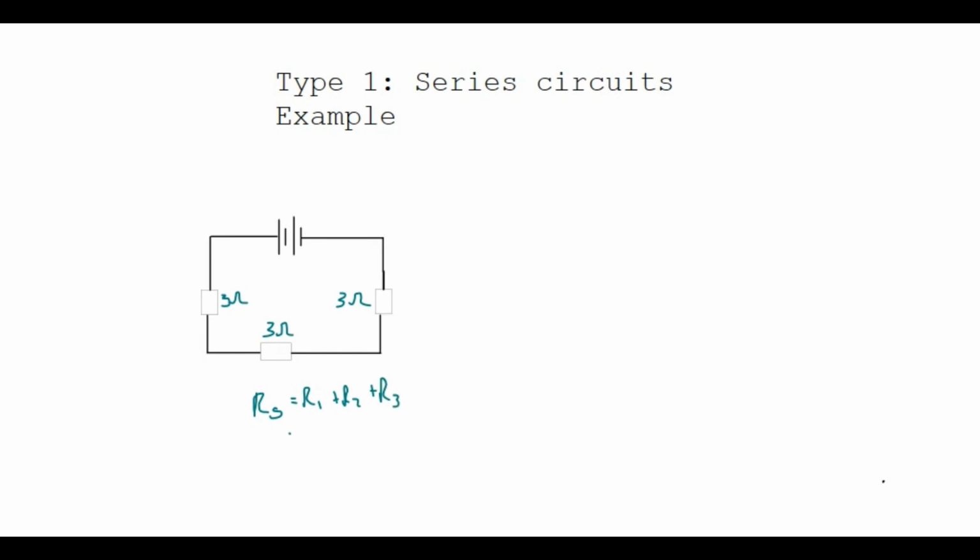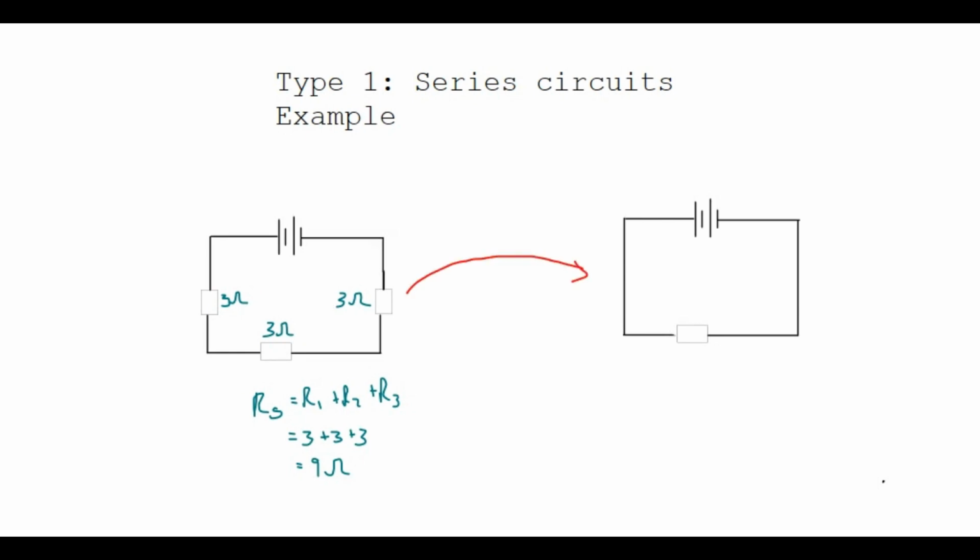Important to write the formula out. That would equal 3 plus 3 plus 3, which equals 9 ohms. Never forget your unit. So the effective resistance of this entire circuit, if we look at all the resistors and consider it as one, would be 9 ohms. So squishing over, we get 9 ohms.